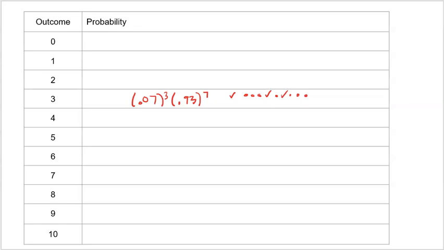And again, of those 10 people, 3 have the blood, those are my check marks, 7 do not, those are my dots. But again, that's only one possibility. Now, granted, that possibility has 3 0.07s, so 0.07 to the third, 7 0.93s, so 0.93 to the 7th, 3 successes, 7 failures.